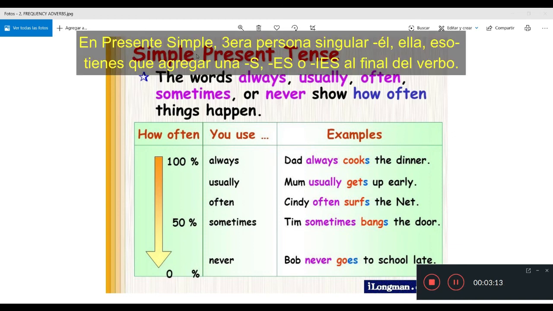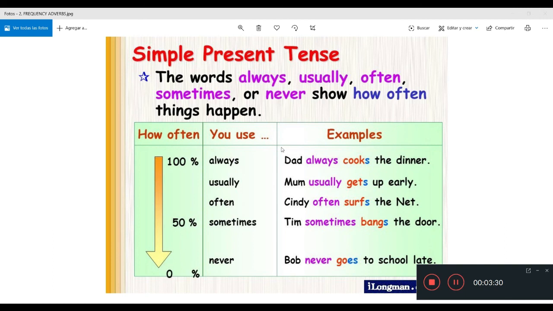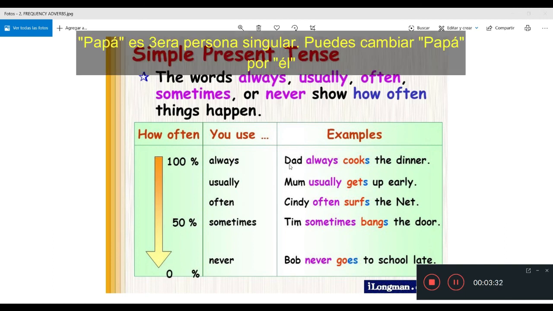In simple present tense, third person singular, he, she, it, you have to add an s, es, or ies at the end of the verb or the action, like this. That is third person singular.